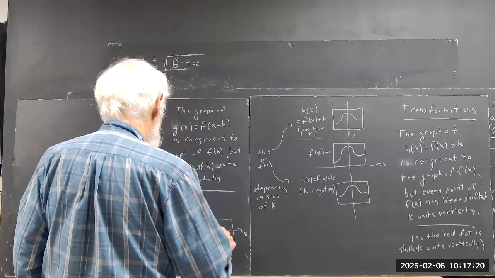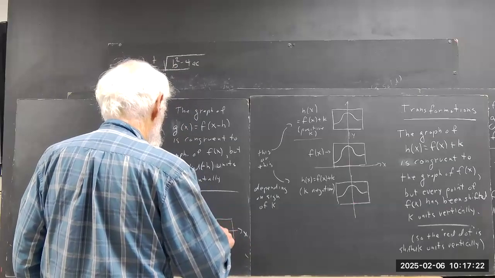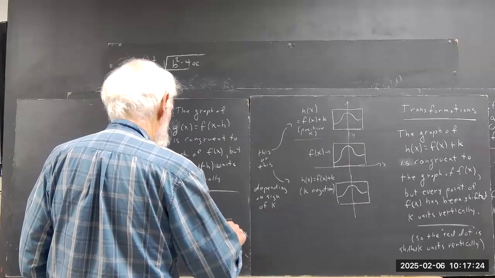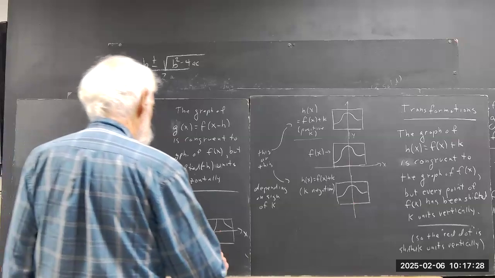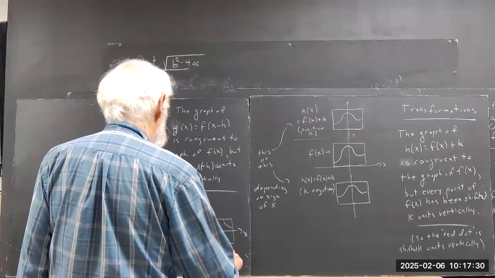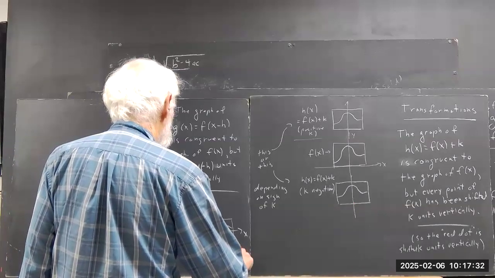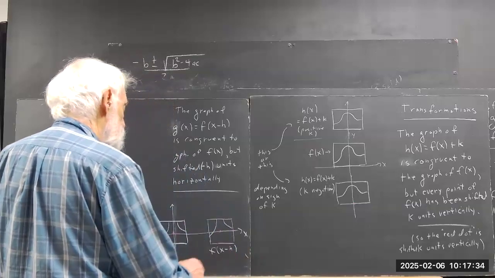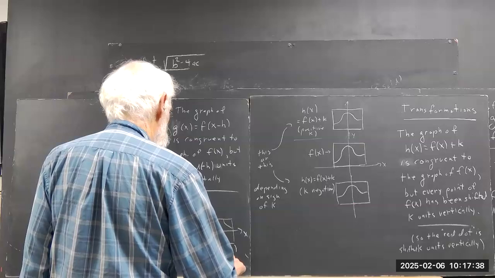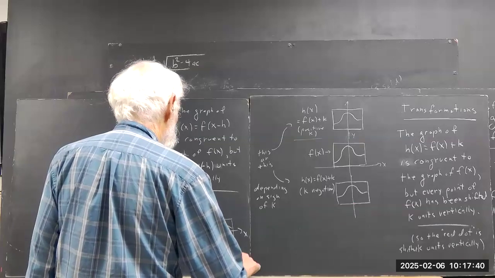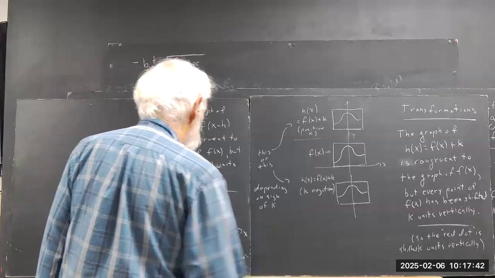And it shifts over here, like so. This would be f of x minus h. h is positive.